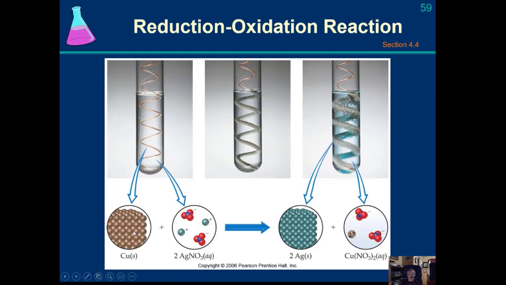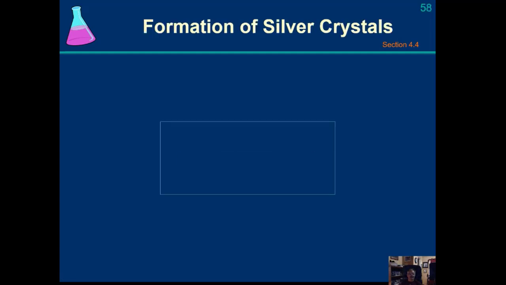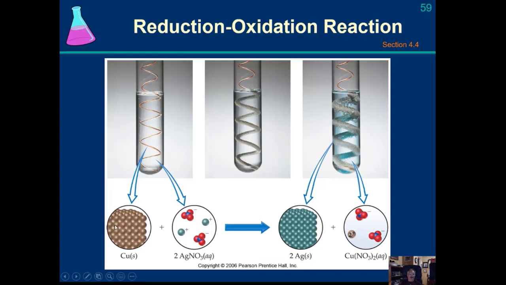If you go back to the activity series, you can see copper is above silver, so that reaction is going to occur. The copper is going to oxidize, the silver will be reduced, and you will produce silver metal, which is these beautiful crystals that you can see here. And you're going to get some copper 2+ ion with some nitrate. This is a soluble salt, so these guys are just going to be hanging out as ions.